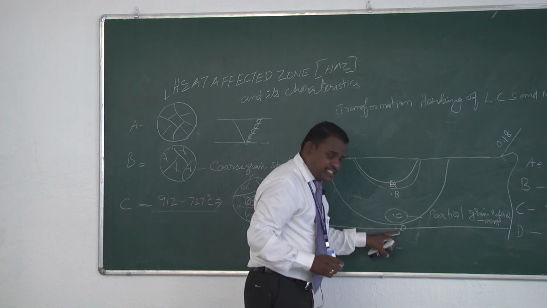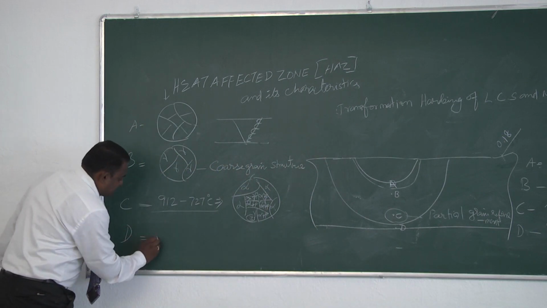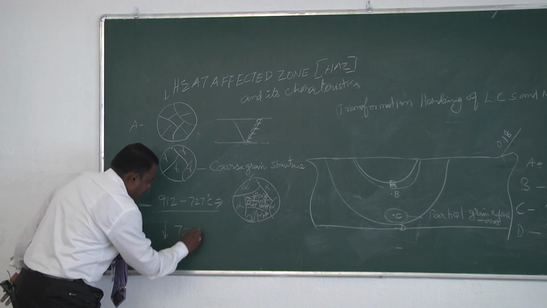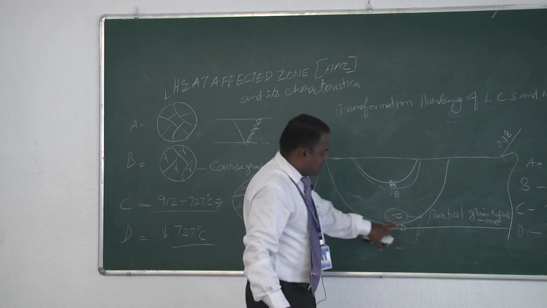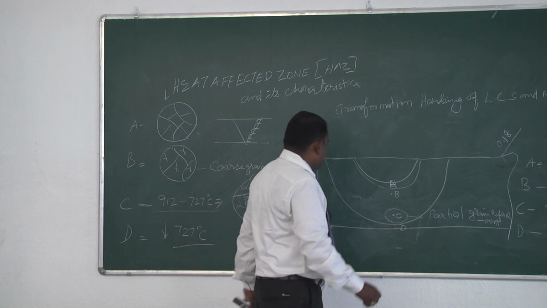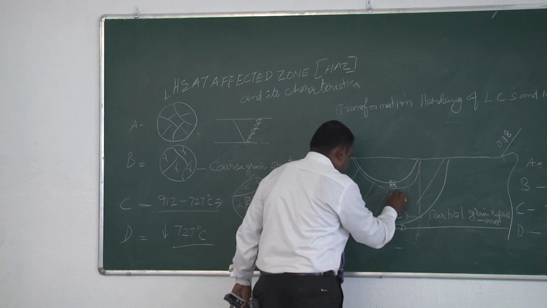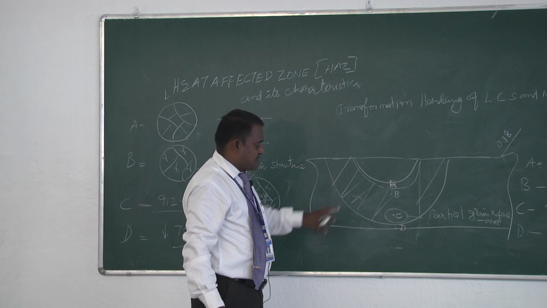Coming to location D, the temperature range is less than 727 degrees Celsius. That is the reason why no phase transformation is evident in this region. So this is the HAZ of my steel weld metal, which is of our real interest in today's topic.